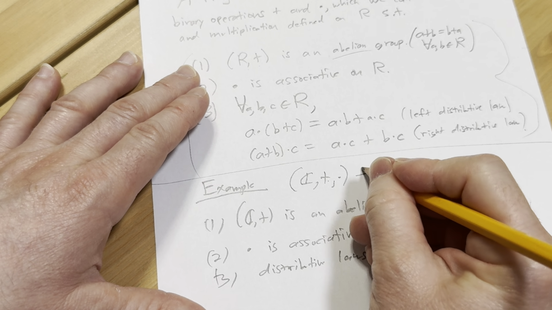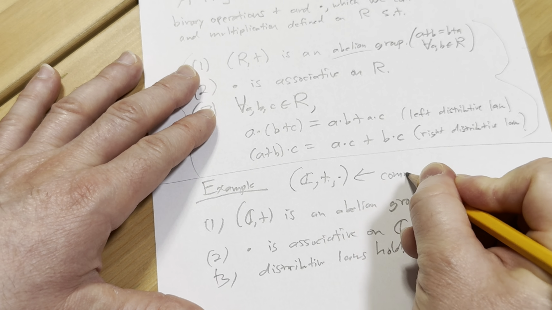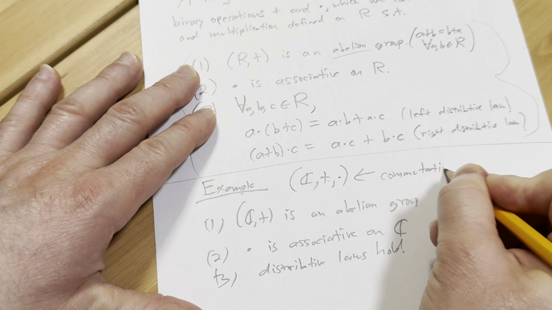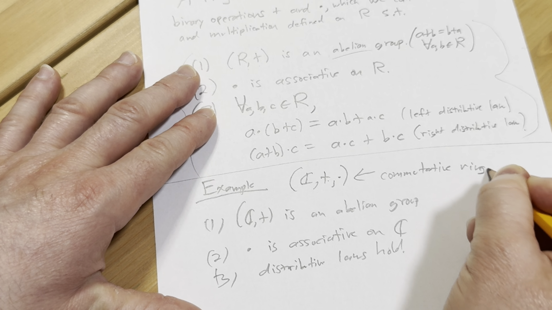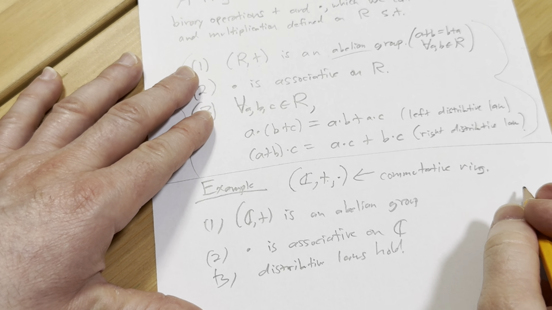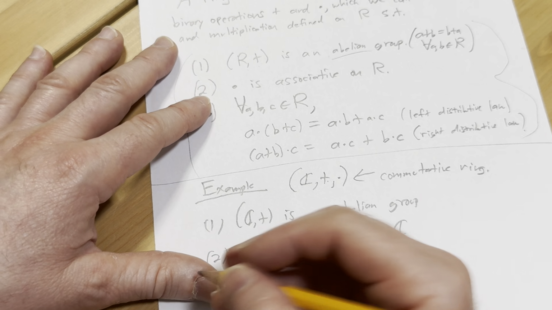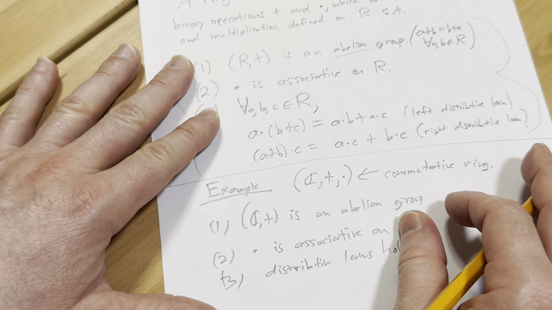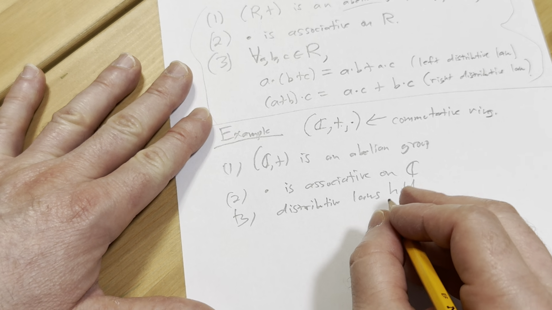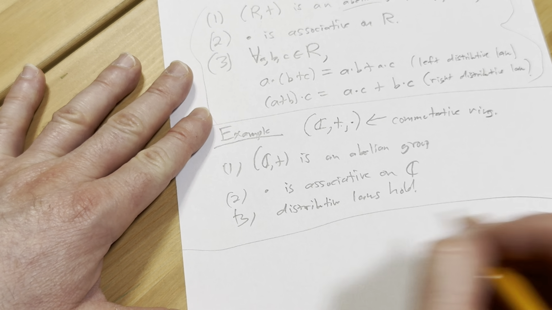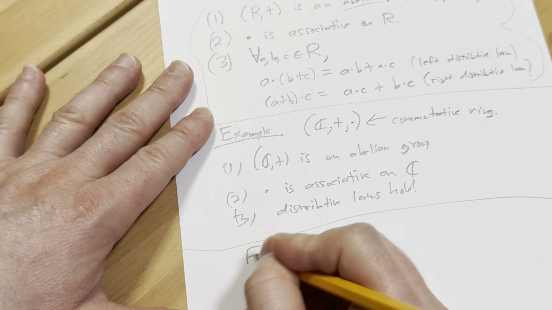This is actually a commutative ring, because the multiplication of complex numbers is commutative, and you do have an identity element, which is one. So everything is fine here.